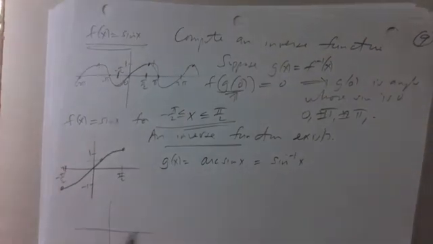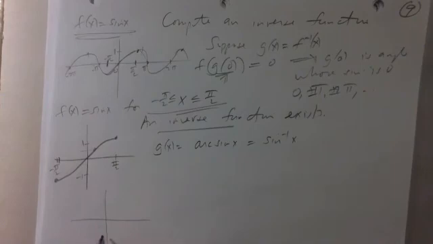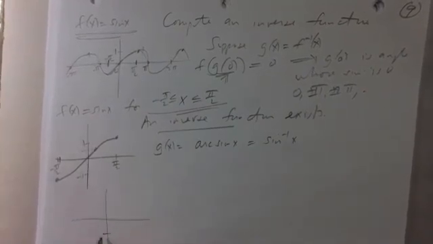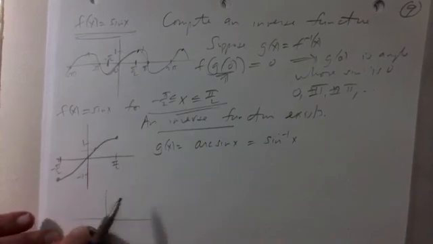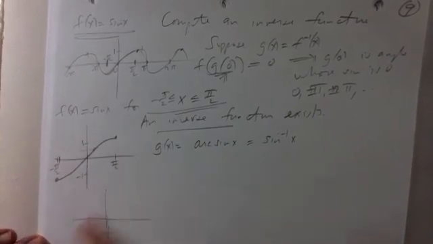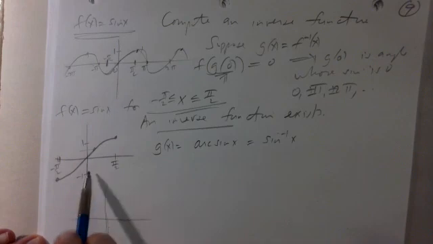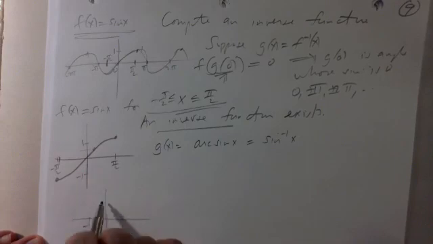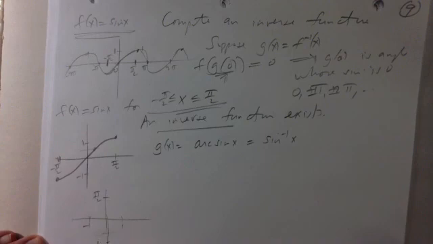And the graph of the arc sine or the inverse sine would have to look like this. The domain of this function is from minus 1 to plus 1. And the range is from minus pi over 2 to plus pi over 2.